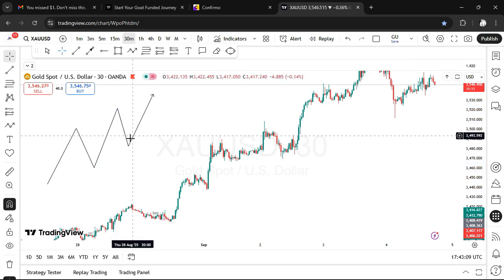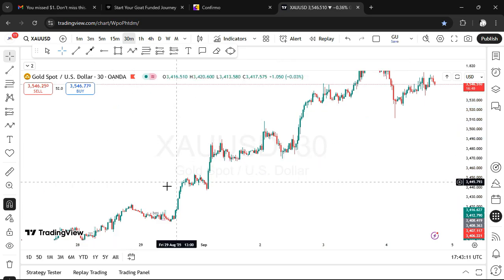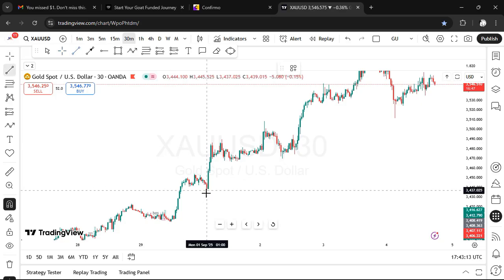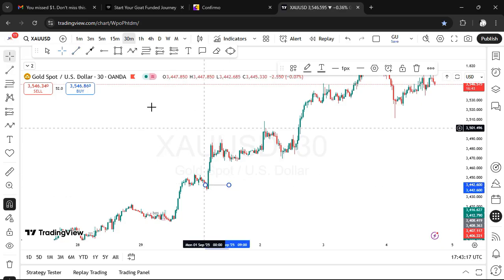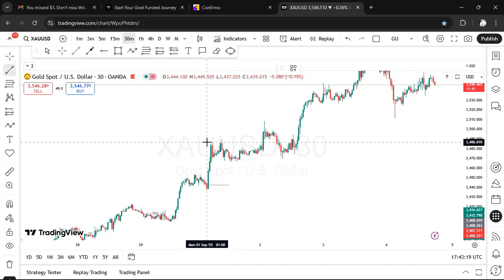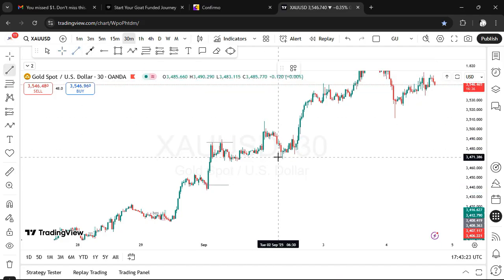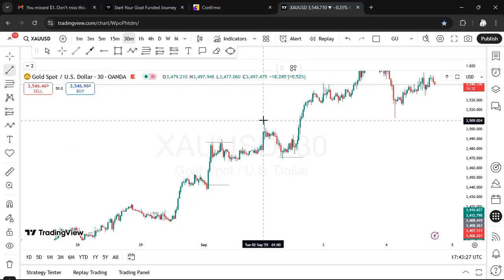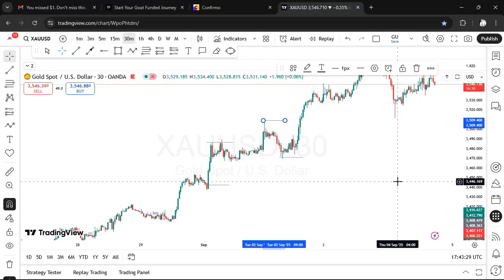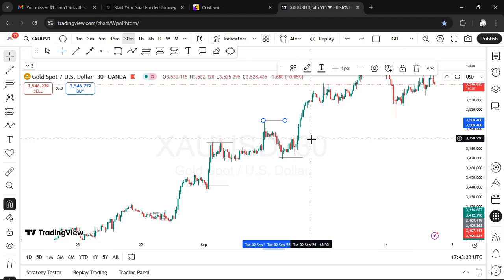Gold is bullish. Here we have our low, we have our high somewhere up here, we have our higher low somewhere here, and then another higher high for a bullish structure. So in this case, we can say gold is bullish.